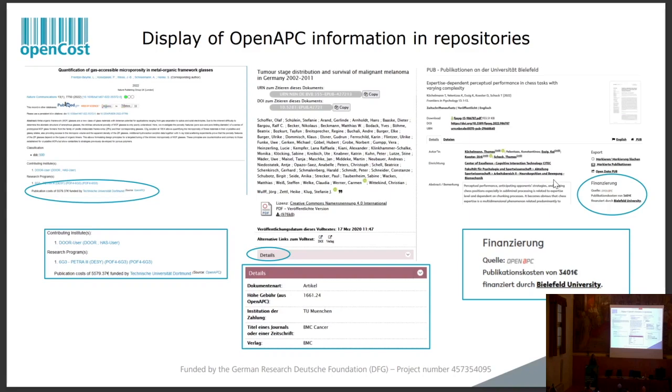So if you look at the left, I think left is DESI, in the center is from the University of Regensburg, and right is the Bielefeld institutional repository, and you will see that there is always the information in a human readable way, how much is paid for a publication and even who has paid for a publication. So we have added the payments from our institutions, and if we know it from other institutions as well.